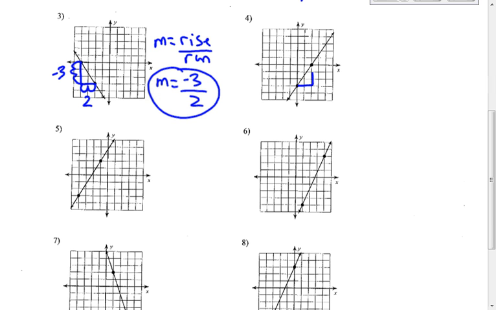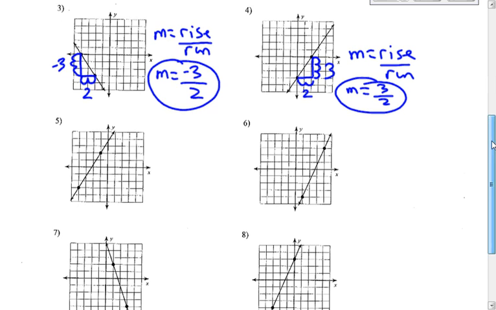For number 4, we're going to make our triangle and count 1, 2, 1, 2, 3. M equals rise over run. The rise is 3 and the run is 2. And you can keep it in rise over run format.